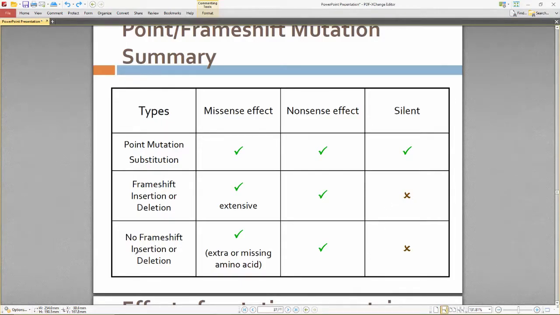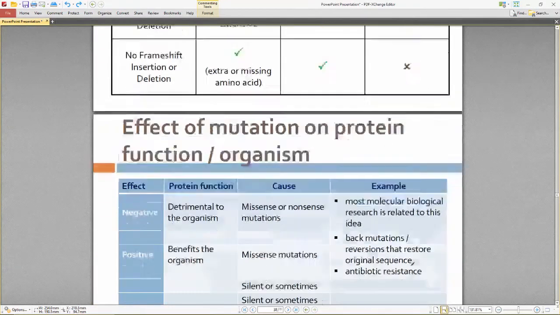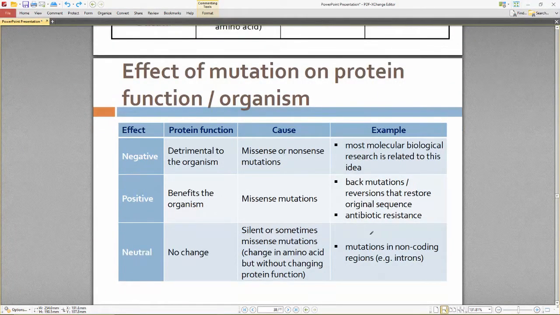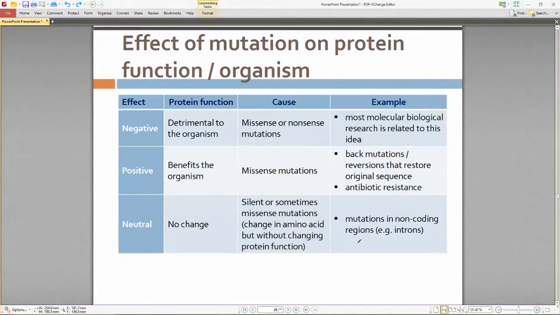So a frameshift insertion or deletion can never just code for the same amino acid because you've added in another base or you've taken out a base. So an extra or missing base, it can have a missense effect. It can also have a nonsense effect, and it can never be silent.